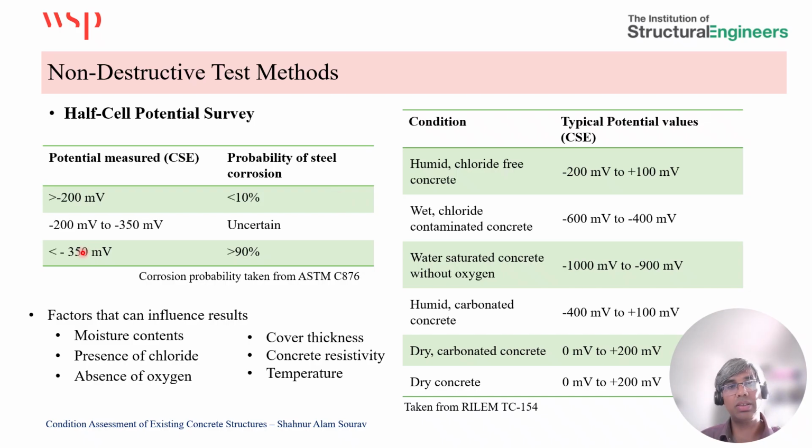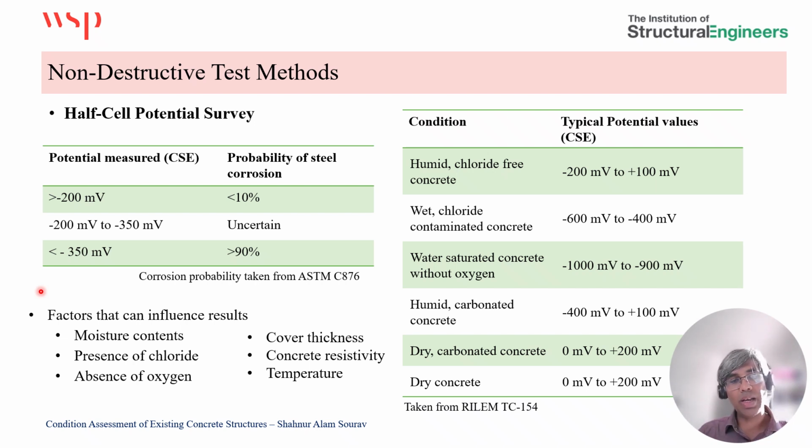If the value is between minus 200 millivolt and minus 350 millivolt, there's a possibility that corrosion of the reinforcement is occurring, but it can depend on many other factors. If the value is less than minus 350 millivolt, towards the negative side, we can say there is a high probability of corrosion in this case.